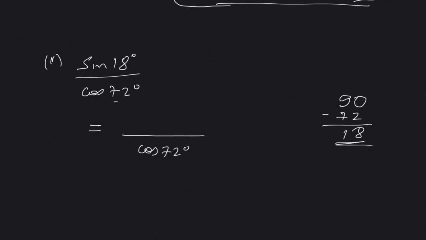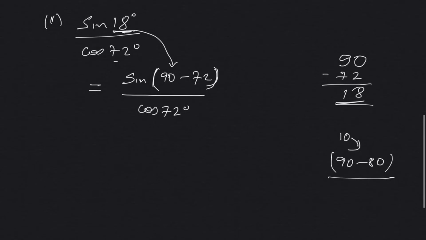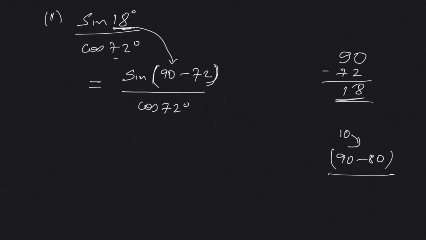It's like the number 10 can be written as 90 minus 80. In the same way, this 18 can be written as sine (90 minus 72). This is the only part where we have to understand how 18 is becoming like this, that is, the numbers within the bracket. So sine 18 can be written as sine (90 minus 72).